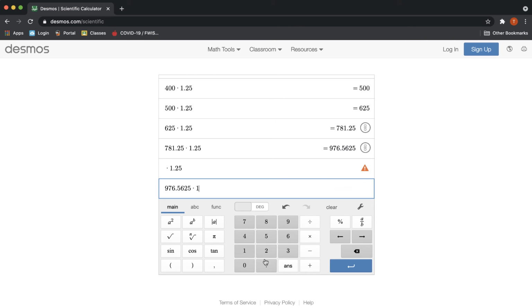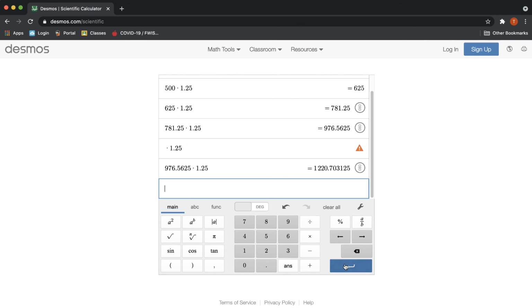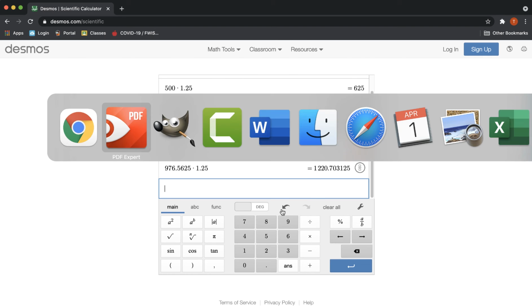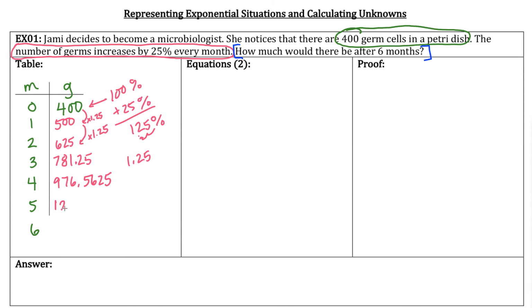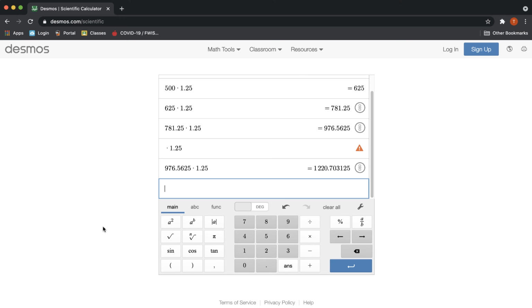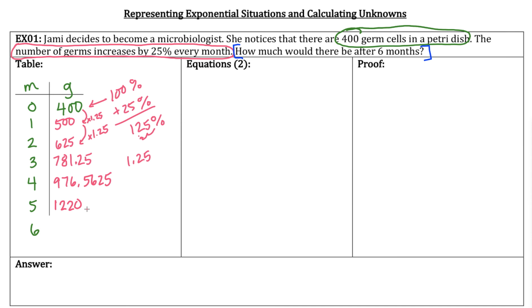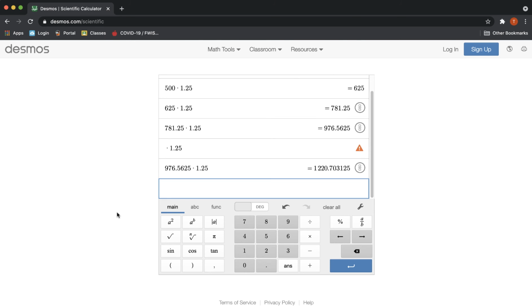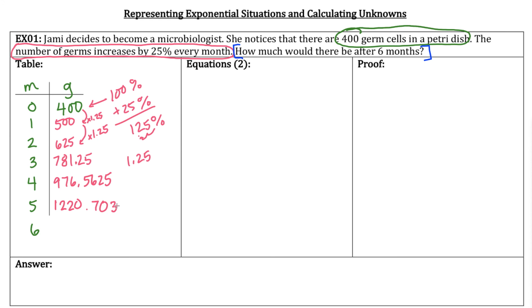Times 1.25 equals 1220.703125. You won't do this many on your work. I just wanted to show you an example that gets ridiculous.